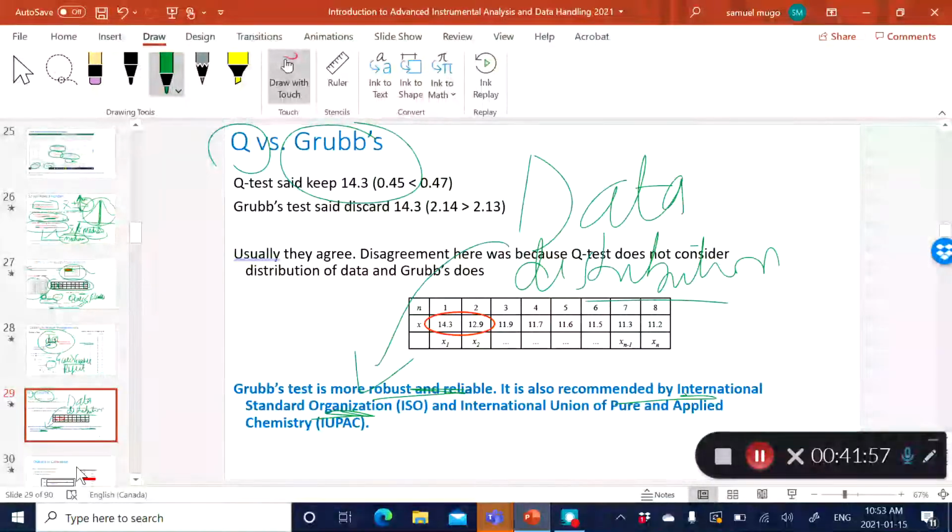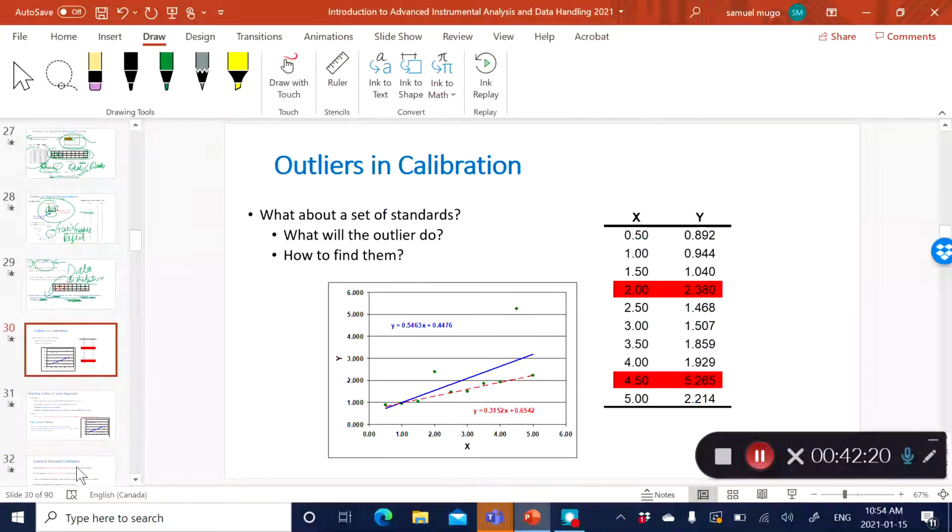And so the Grubbs test is actually the one that is certified by the ISO, and also is the one that is certified by other international organizations like the IUPAC, the International Union of Pure and Applied Chemistry. So for Chem 311, I like, as always, to use the Grubbs test, which is the most robust and reliable.